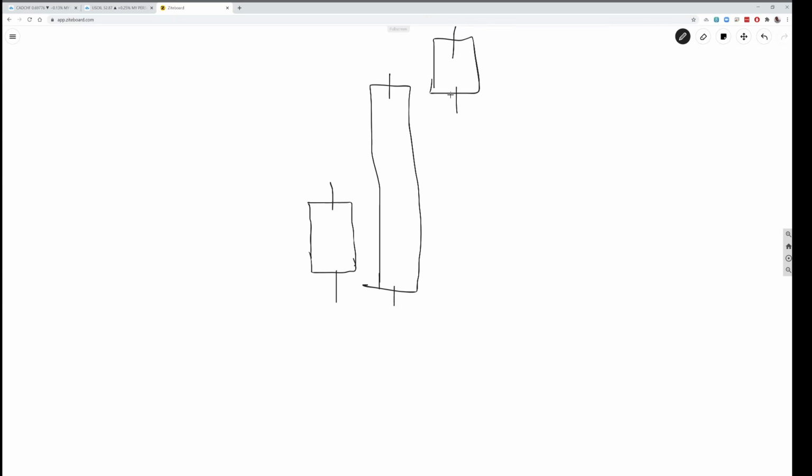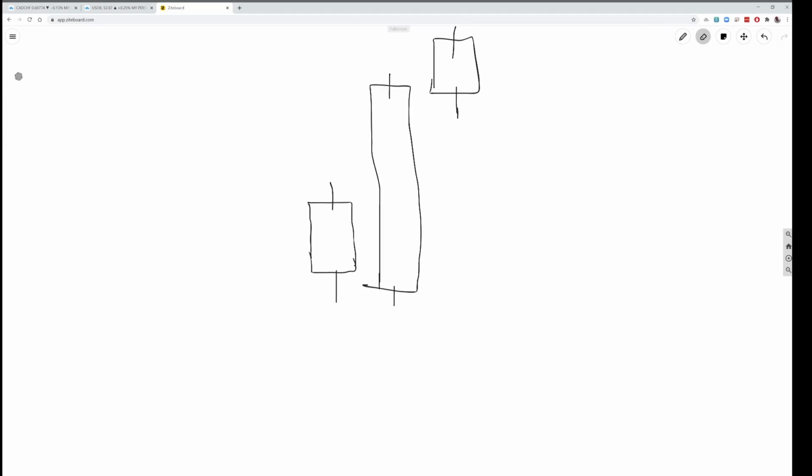So yeah, they call it imbalance, right? That's what people call it, but I keep referring to it as a gap. The name that I was being trained with is fair value gap, but I don't want to use fair value gap. I just call it a gap, or what people online call it imbalance.